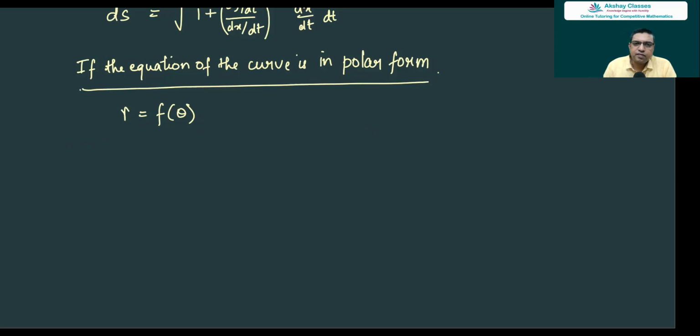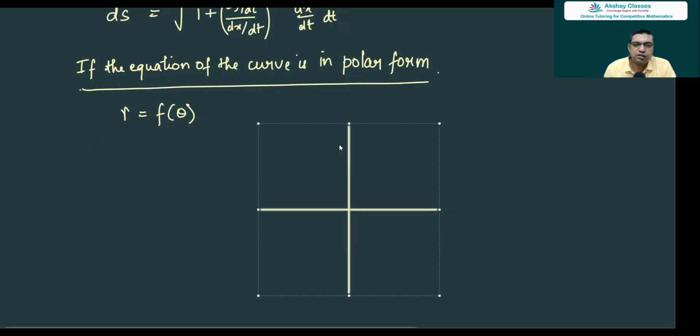See, in Cartesian coordinates, we have two axes, x and y, and any point P is written in the form of x and y coordinates.